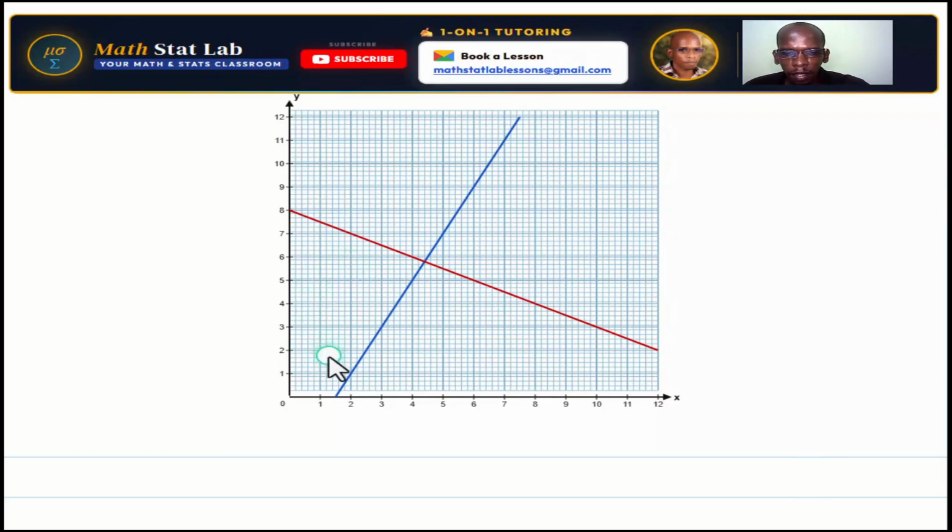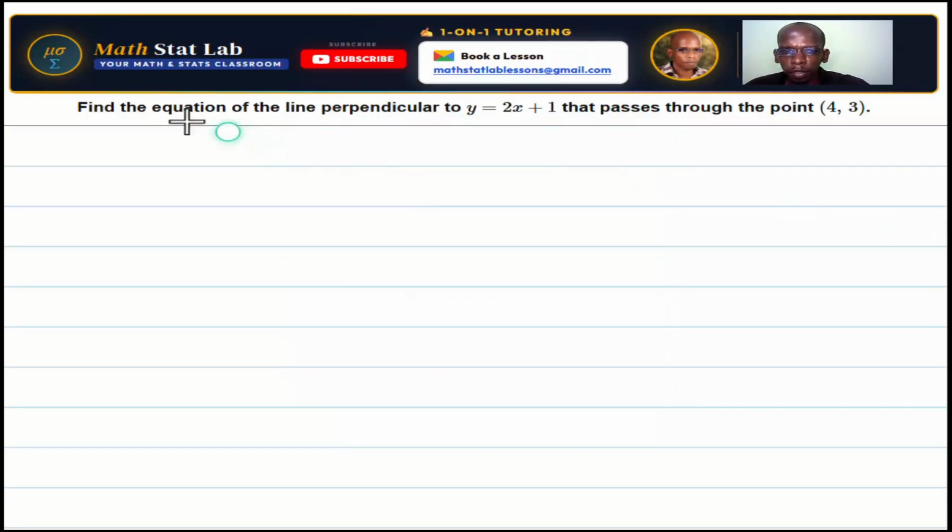One unique characteristic about perpendicular lines is that the product of the gradients is -1. If I take the gradient of the red line and multiply it with the gradient of the blue line, the result should be -1. With that logic, we can solve this question.